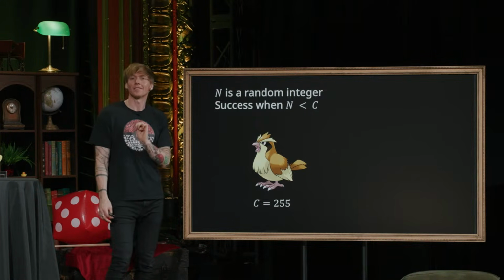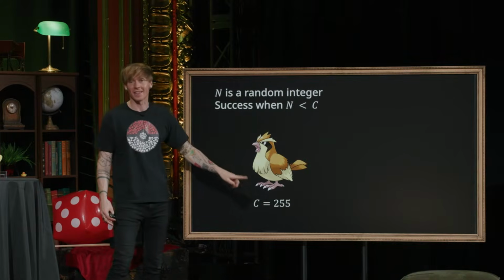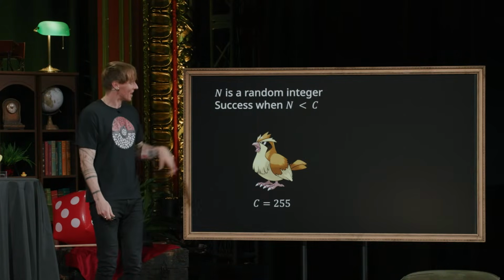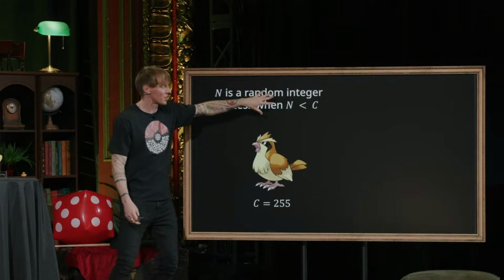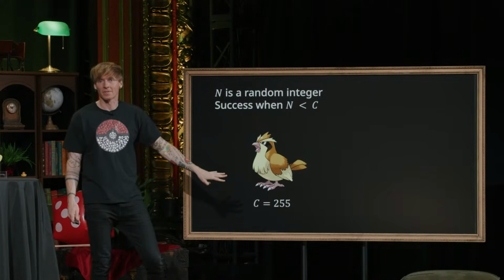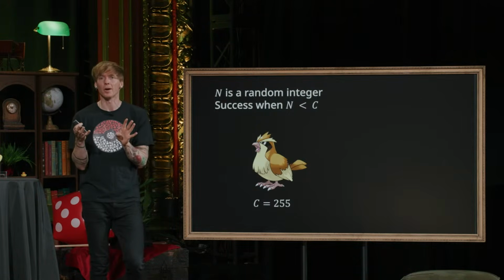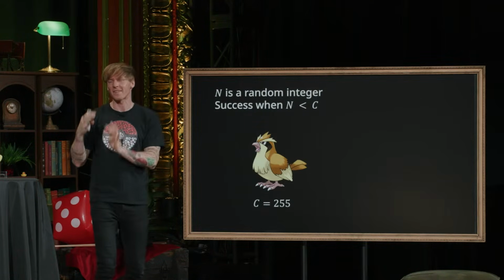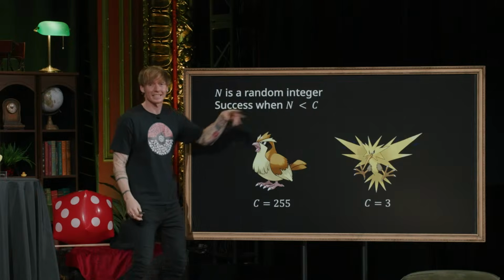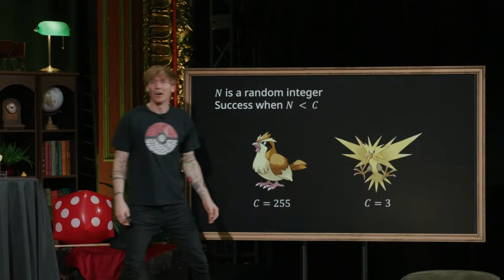Those of you with a background in coding or programming may know why we're using 255 there. I'll let you think about that one. So Pidgey has a big number, so there are a lot of numbers we can get that are smaller than 255. But a Pokemon that's really difficult to catch, let's say a legendary Pokemon, which you only meet right at the very end of the game, something like Zapdos, my favorite legendary, has a catch rate of 3.